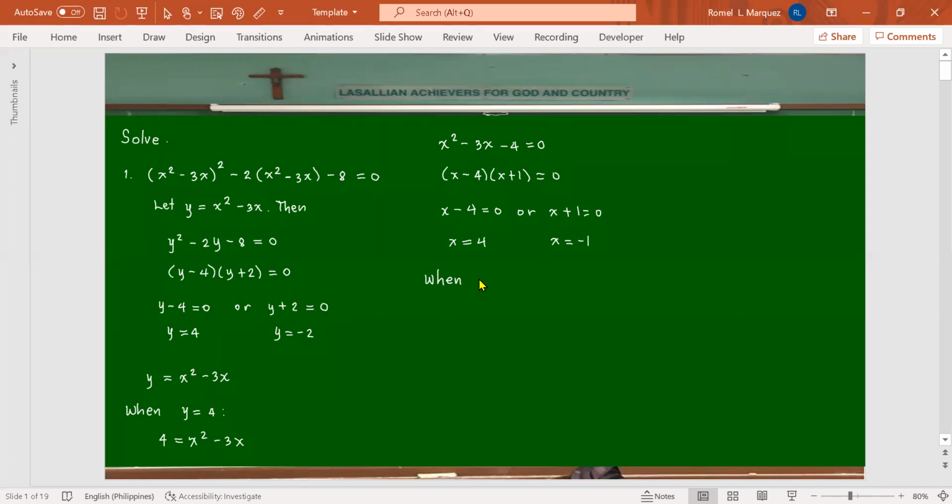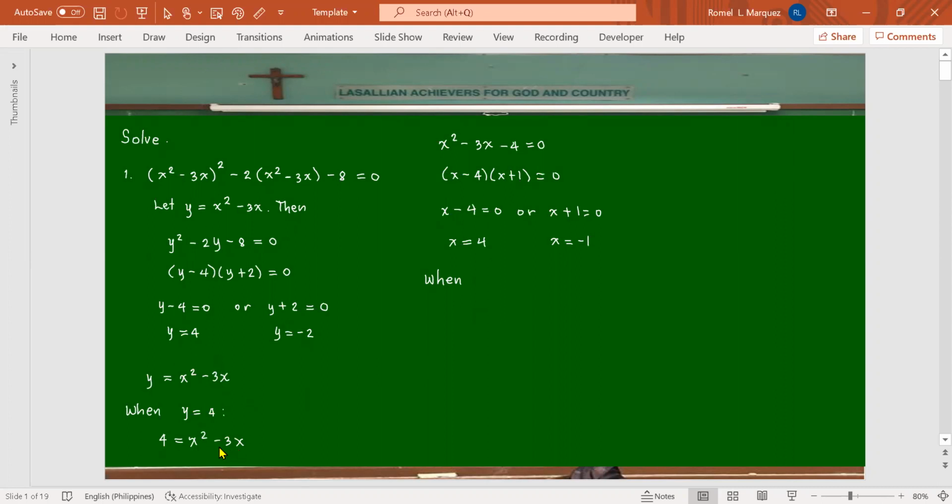Sir, can you repeat that? The x is equal to 4 and negative 1? You solve this equation in x, this quadratic that we got. Remember, when y is 4, we go back to our representation.